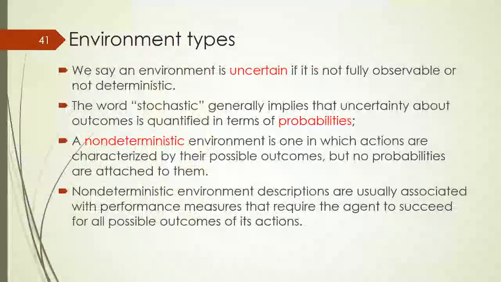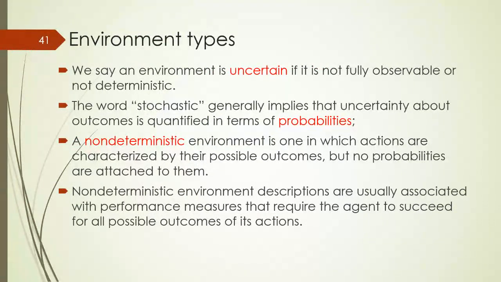Also, we say an environment is uncertain if it is not fully observable or not deterministic. The word stochastic generally implies that uncertainty about the outcomes is quantified in terms of probabilities. You have to have a stochastic or probabilistic model.